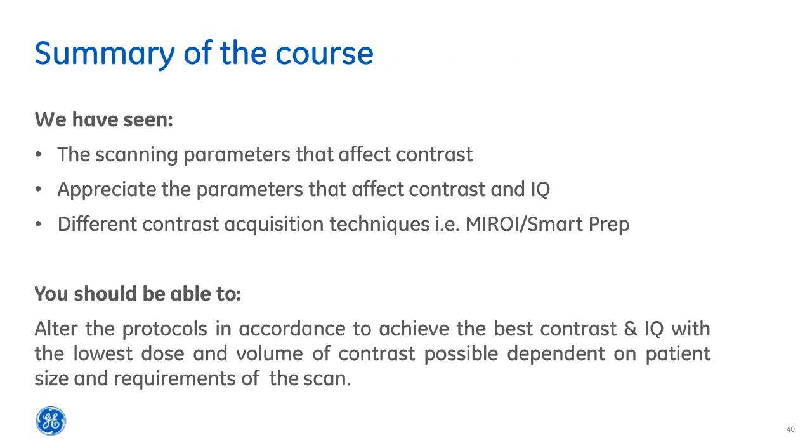So to summarise, we've looked at the effect of scanning parameters, so kV, mA, table speed, that affect the contrast within an image. We can appreciate the parameters that affect contrast and image quality, and we can look at the different ways that we can use acquisition techniques, so MIROI and Smart Prep.